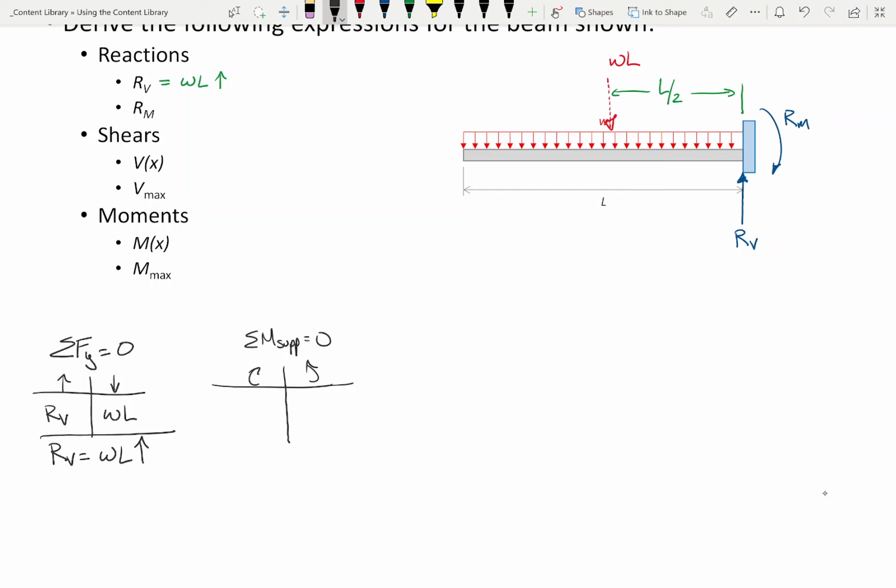All right. If I'm summing moments at the support, do I need to consider RV? No. What about RM? Yes. Which side of the table? Left, it goes left, and what's the distance? Is there a moment arm? No. It's just RM.